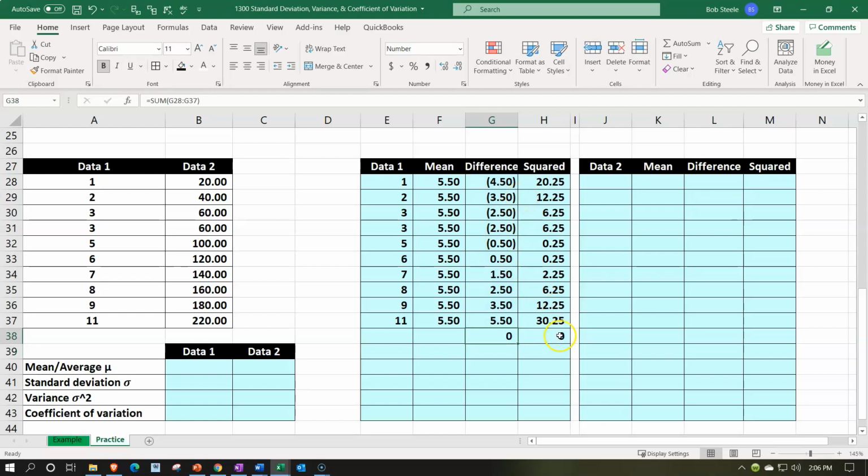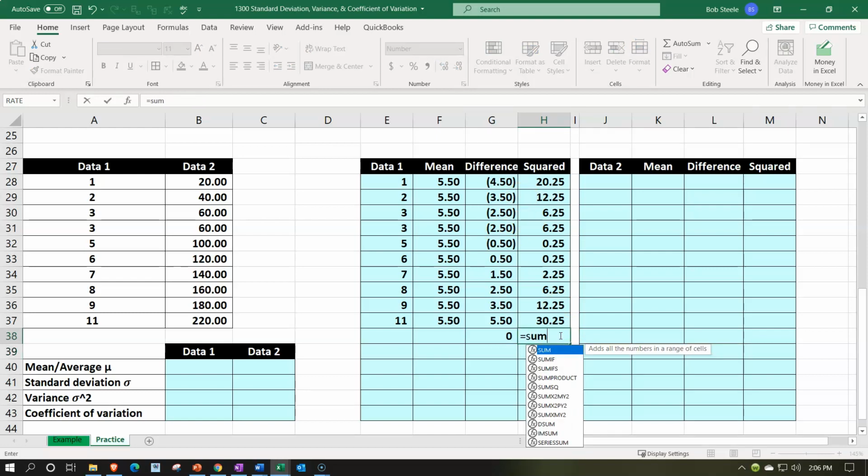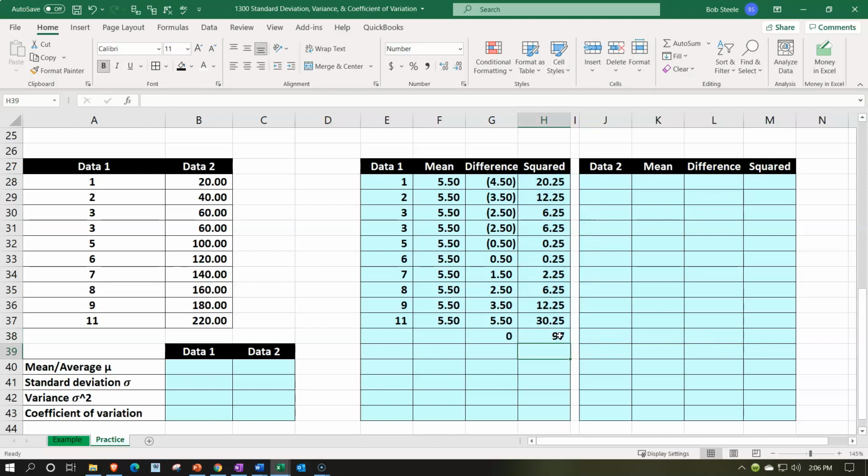So when we squared it, you could see we have all positive numbers here. If I was to sum that up, equals the sum of these items, that's going to give us the 97. Let's add some decimals to this whole thing here instead of one at a time. Let's do the whole thing together, and then we'll take a look at the population size.